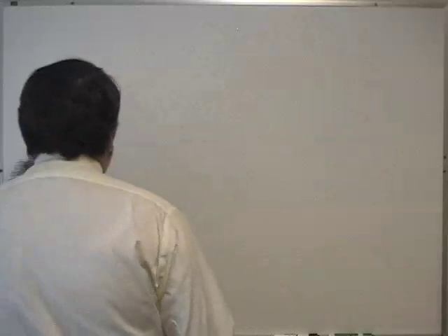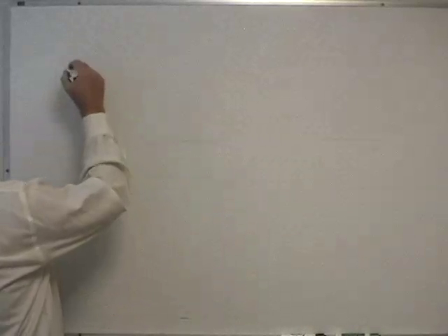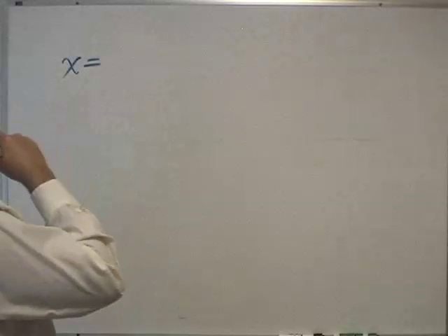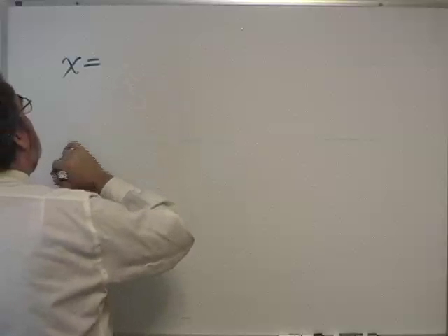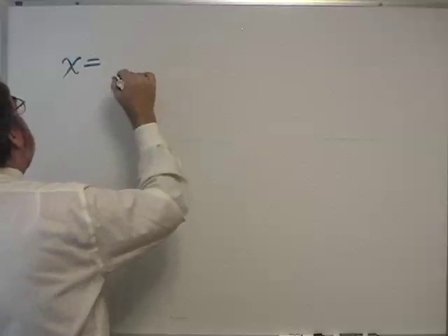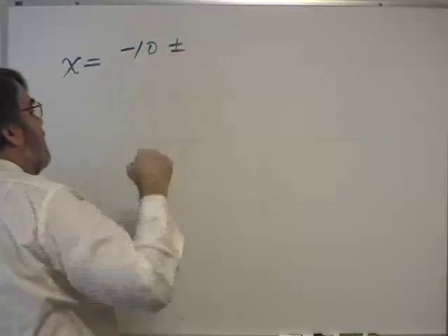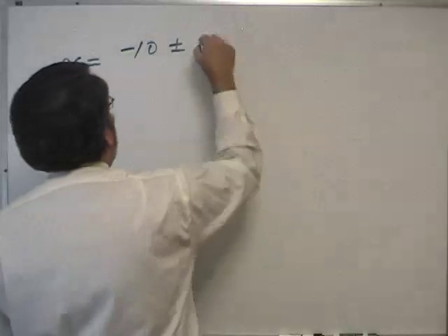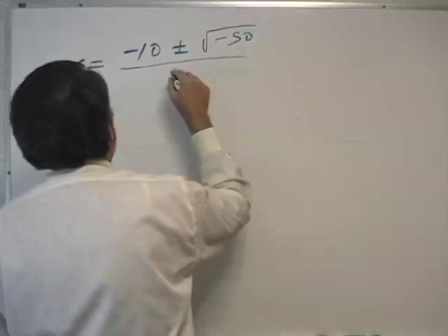Just for the practice, let's look at an answer of x equals... how about, give me a minute here, negative 10 plus or minus the square root of negative 50, divided by 2.